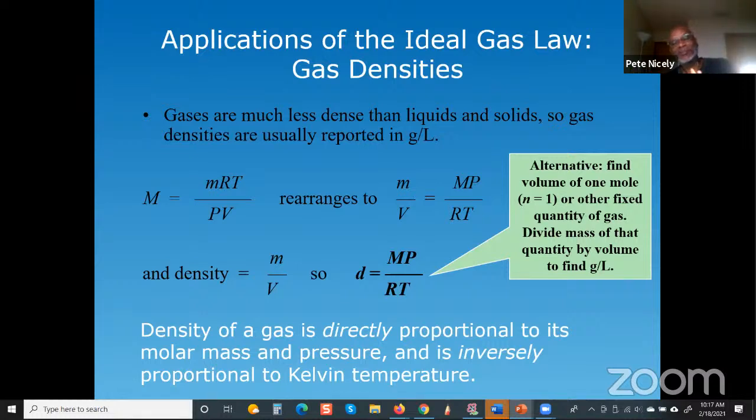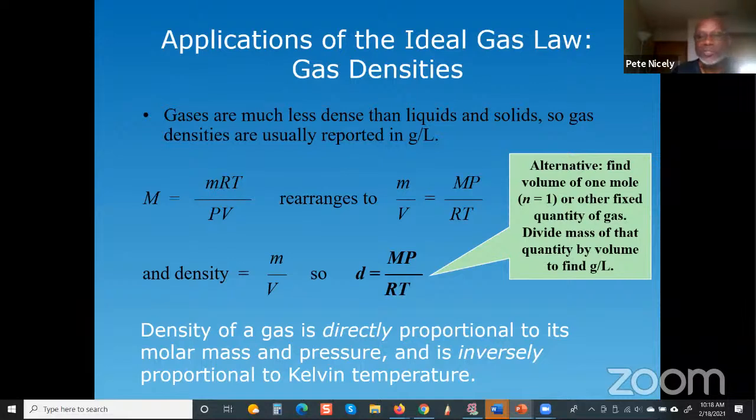If we look at the relationship between the density and the pressure, you'll see that as the pressure increases, the density increases if everything else remains the same. And in the case of temperature, there's an inverse relationship between the density and the temperature, in that as the temperature increases, the density will decrease, right? So we see that there's some relationship between the density and the molar mass, pressure, and temperature individually, all right?